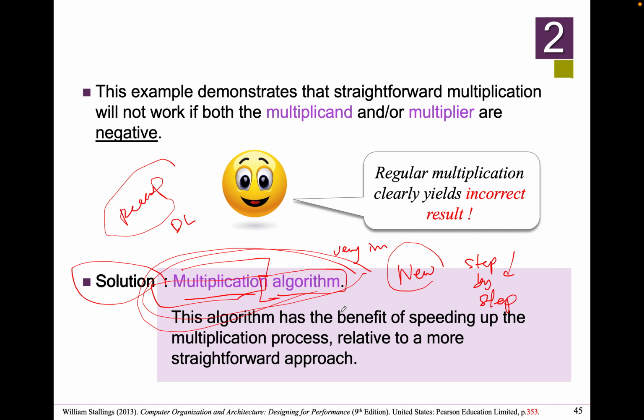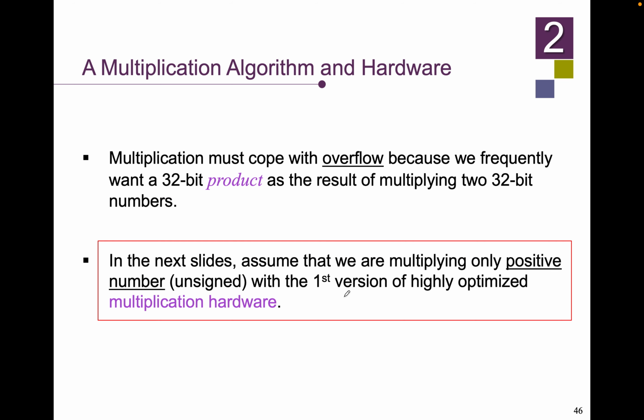Later on, you will also have the division algorithm, but first we look into the multiplication algorithm. You can see a multiplication algorithm and hardware. Multiplication must cope with overflow because we frequently want 32-bit products as a result of multiplying two 32-bit numbers.